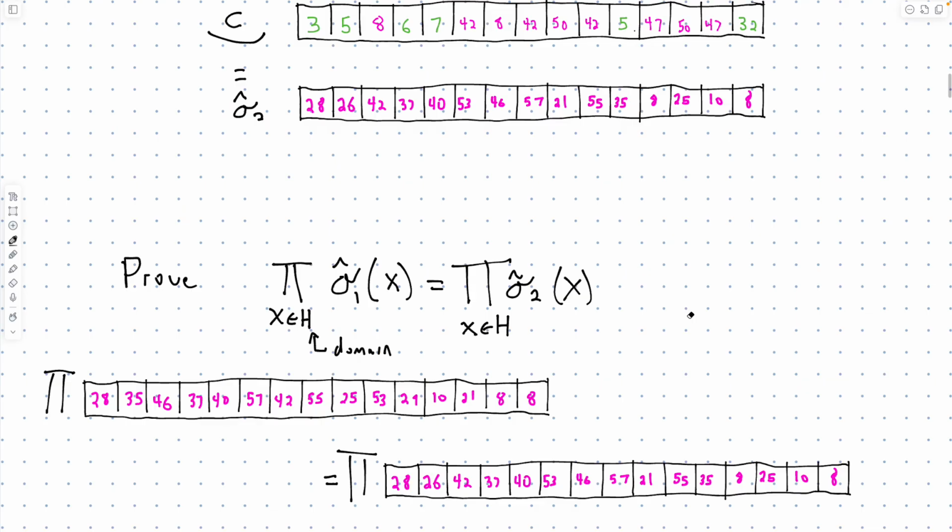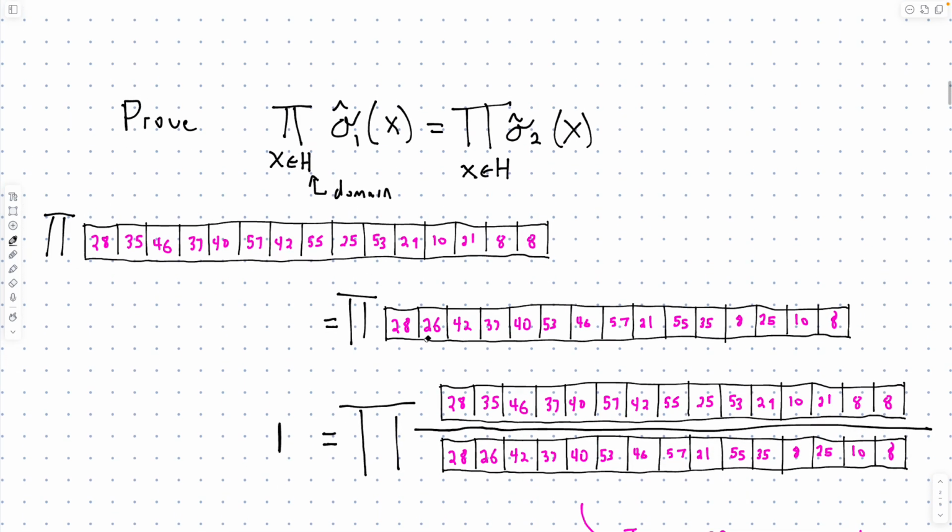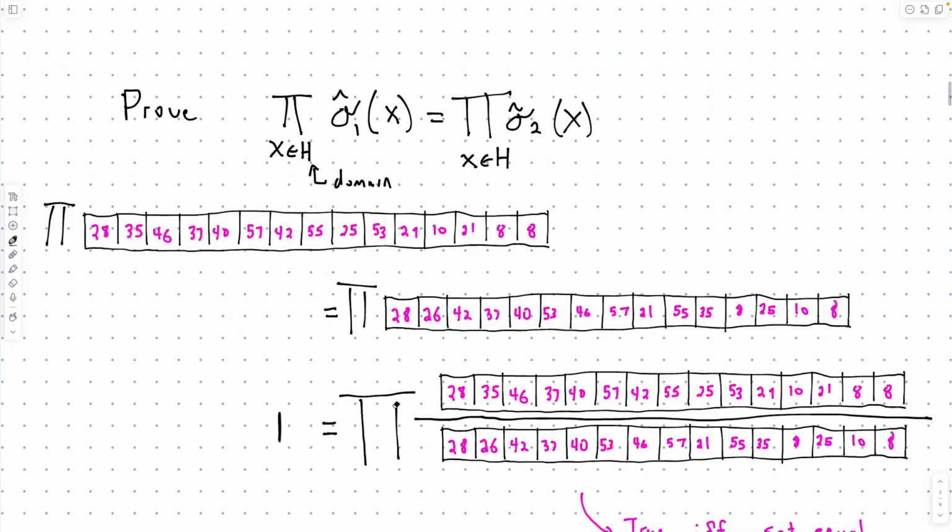Okay, so I'm going to do a little bit of rearranging, and then there's going to be the hard step, and then everything else will be just rearranging and things like that. So first, to rearrange this, I'm going to move this over to the other side and divide it, then this will equal 1, okay?